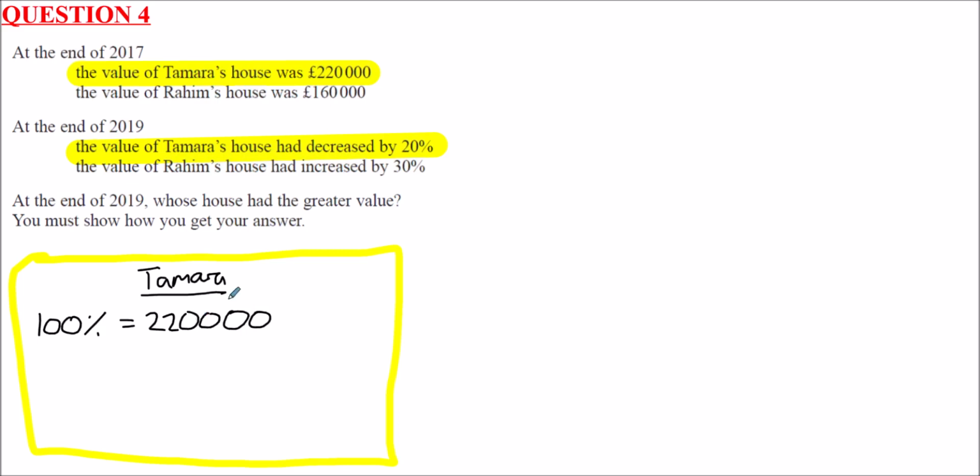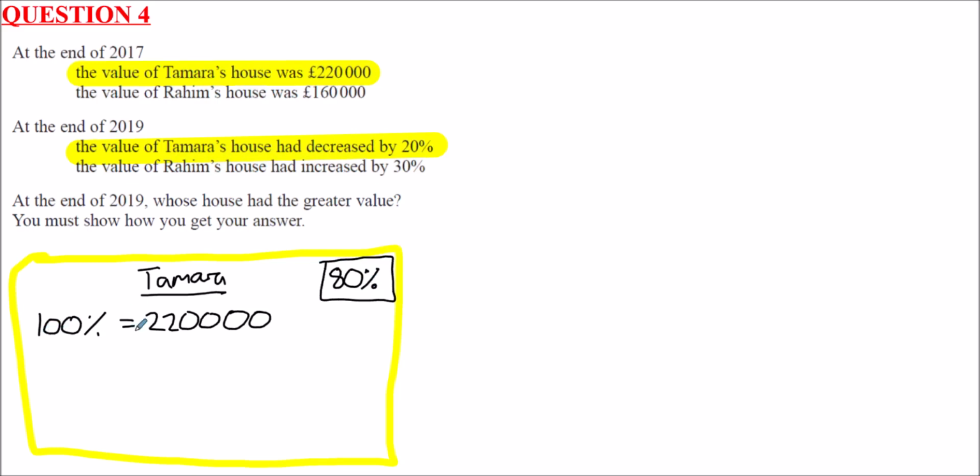So next, we need to think about how we'd work out what it would be if it decreased by 20%. So what I'm going to suggest we do is to think about it in terms of if 20% comes off, then 80% remains. So we need to find 80% of the original value. In other words, the original 100 minus, because it's a decrease, 20%.